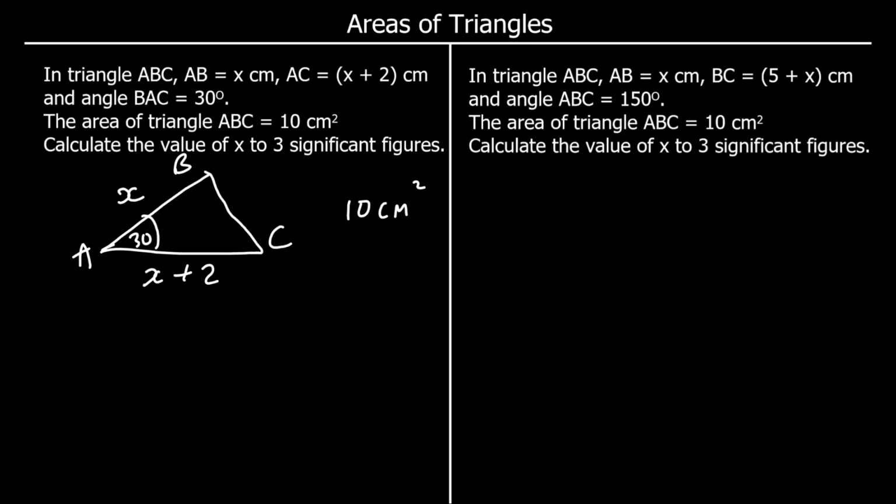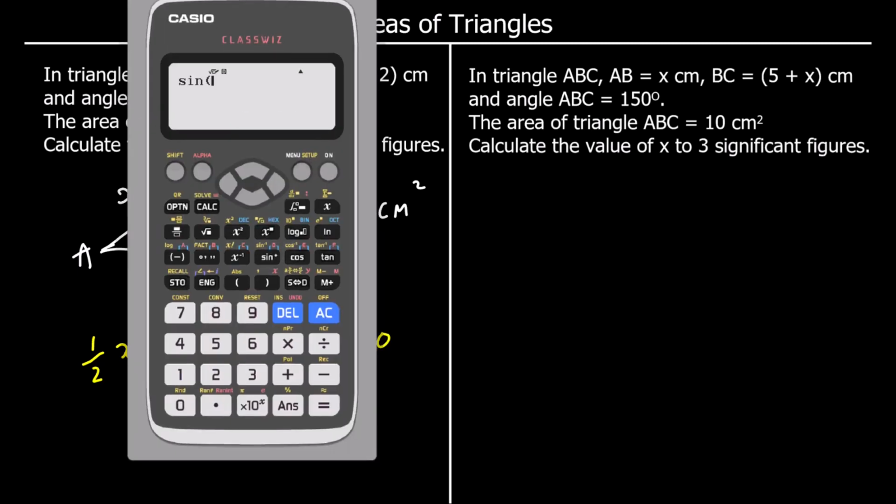So we're substituting into half ab sine C again. So big C, the two sides next to it are a and b. So half ab sine C equals 10. And sine 30, we should know, but we can check on the calculator.